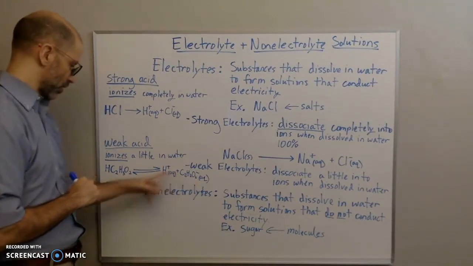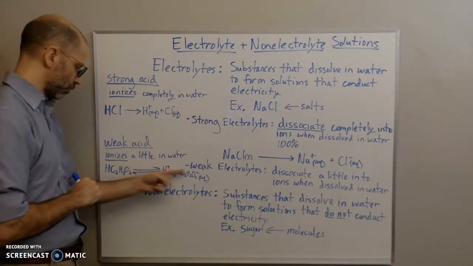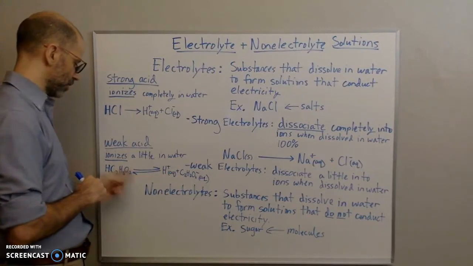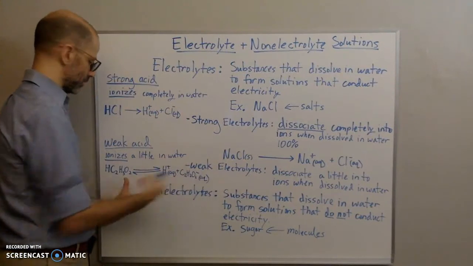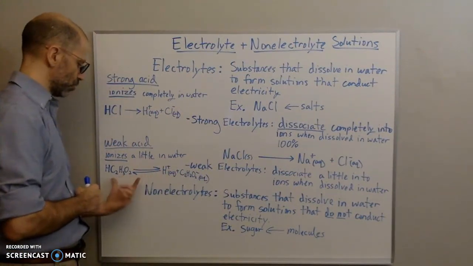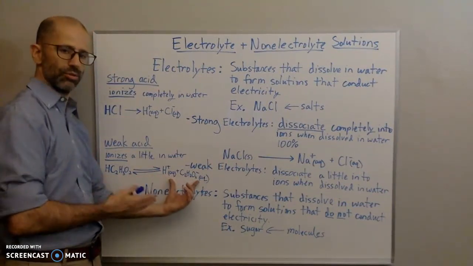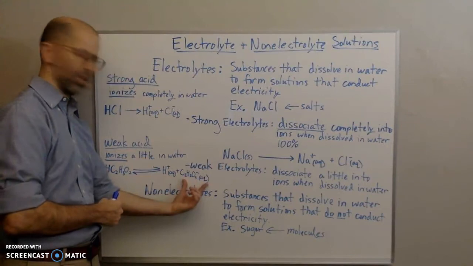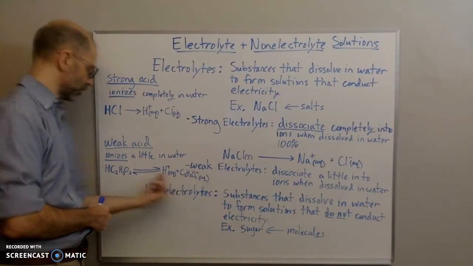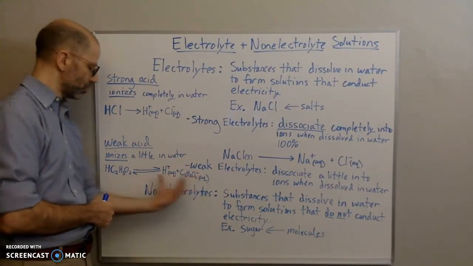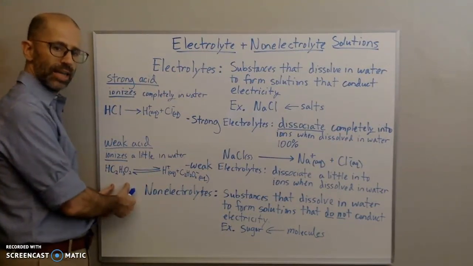And so there you have a double arrow, one going in the forward direction, one going in the reverse direction. What that indicates is that for a weak acid or a weak electrolyte, there is an equilibrium where some of the acid is ionizing into H+ and the negative ion, and some of this is actually going to be coming together and going in this direction. Actually, most of the substance is going to be in this form in the water.